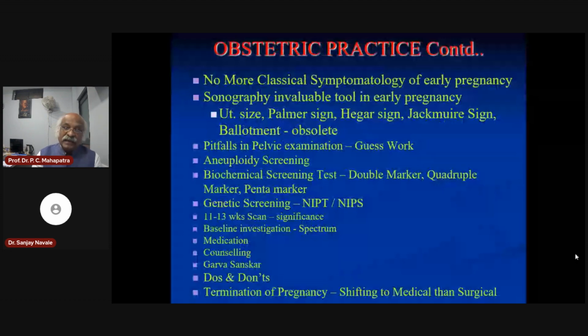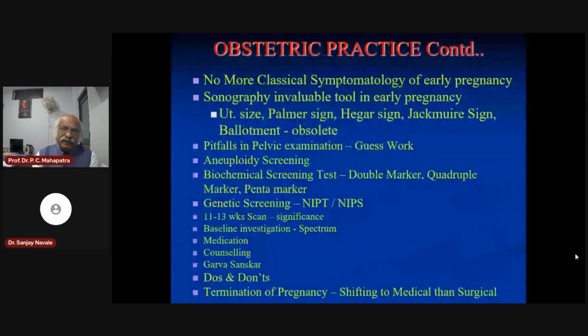With the 11 to 13 week scan, the Fetal Medicine Foundation has shown that from that time you can diagnose many of the genetic diseases like chromosomes 13, 18, and 21. And particularly, the NT has become the universal procedure for all obstetricians across the globe.